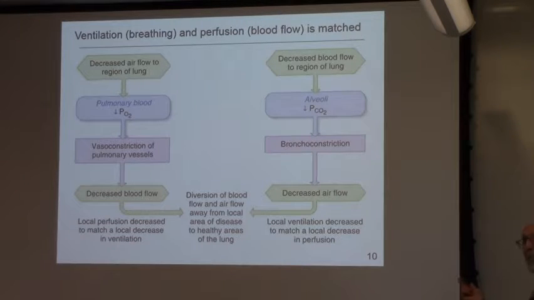I could ask you what the molecular mechanism is of the vasoconstriction that allows for ventilation-perfusion matching. I'm not going to do it again, but you should, because constriction of smooth muscle is what does this function of the lung. Questions?